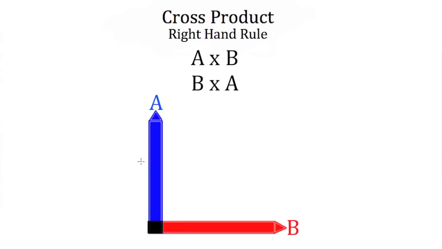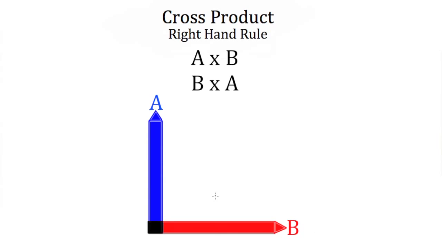So let's try practicing the right-hand rule. Let's find the direction that A crossed with B is going and the direction B crossed with A is going. Now if we're going to use the right-hand rule and we want to find out what direction A crossed with B is going, well, A is my blue vector here and B is my red one.